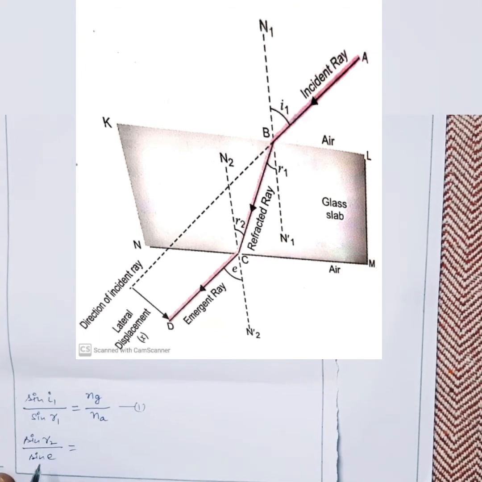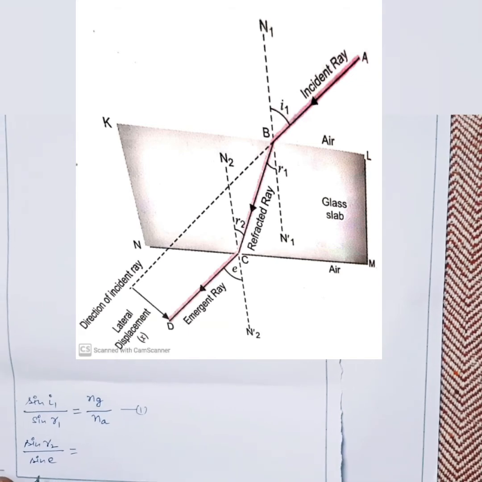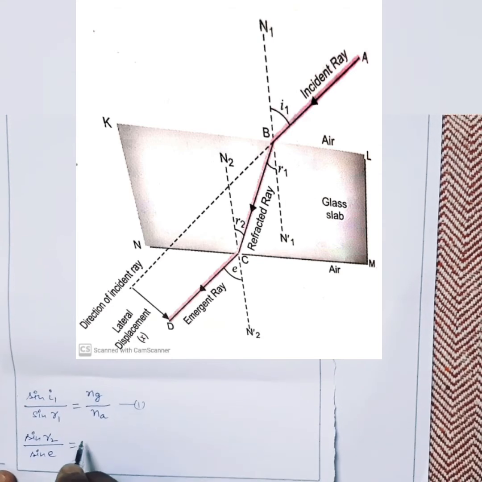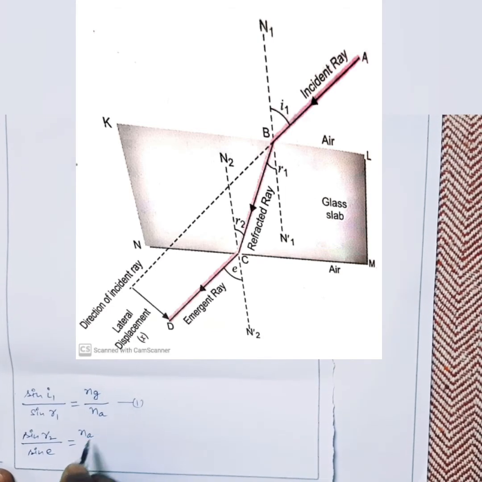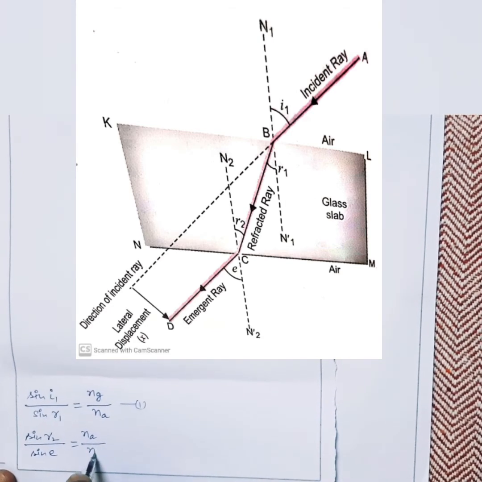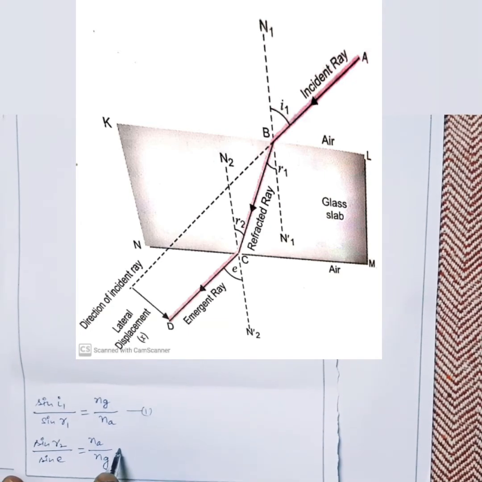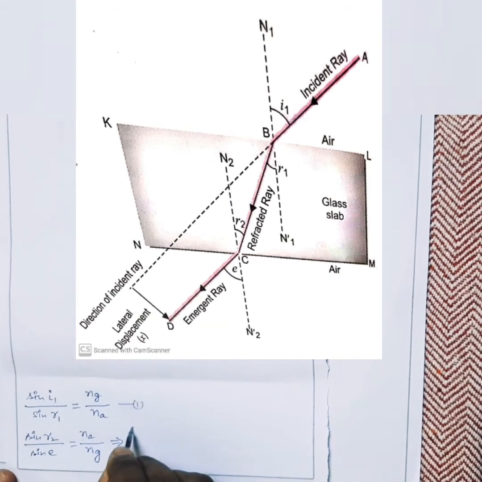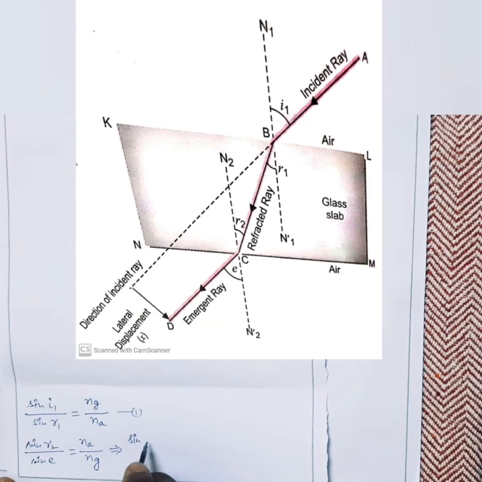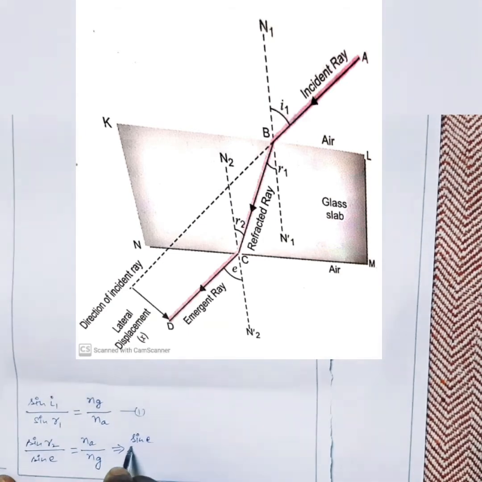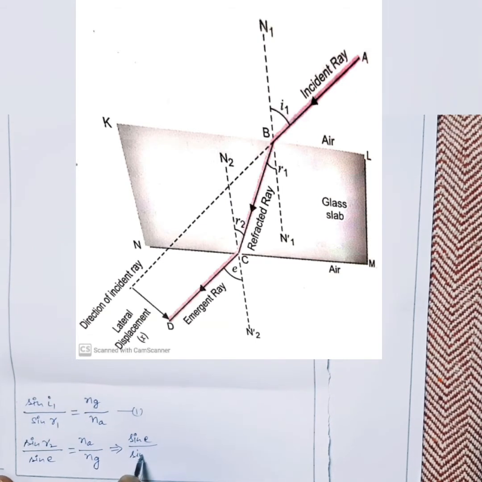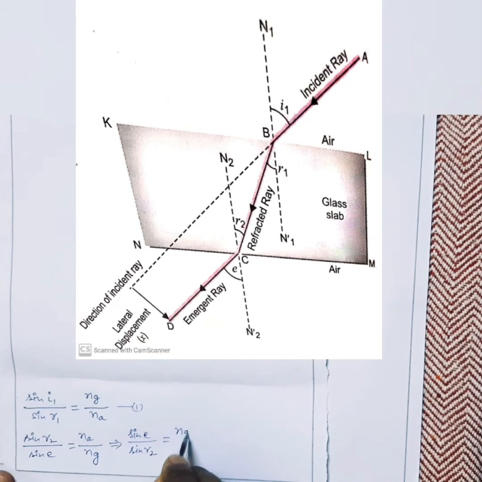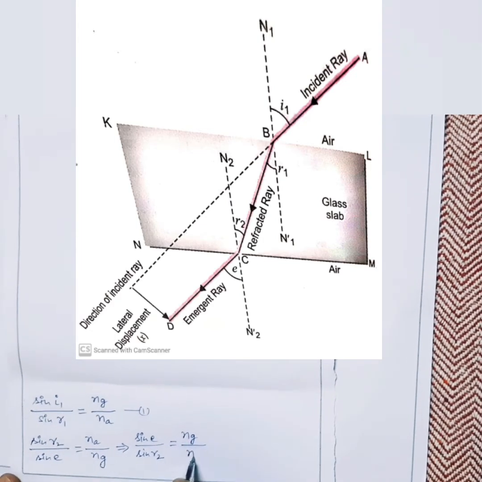So sin R2 upon sin E will be the refractive index of air with respect to glass, Na upon Ng, which implies that sin E upon sin R2 is equal to Ng upon Na.